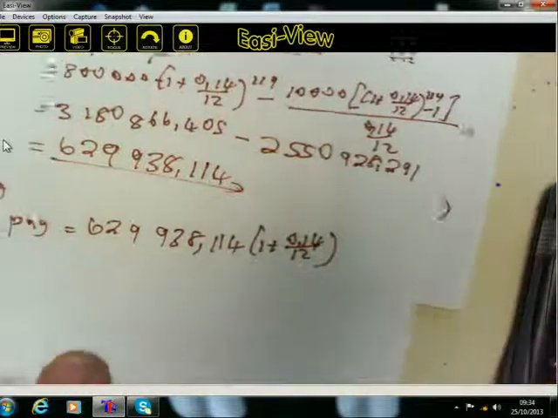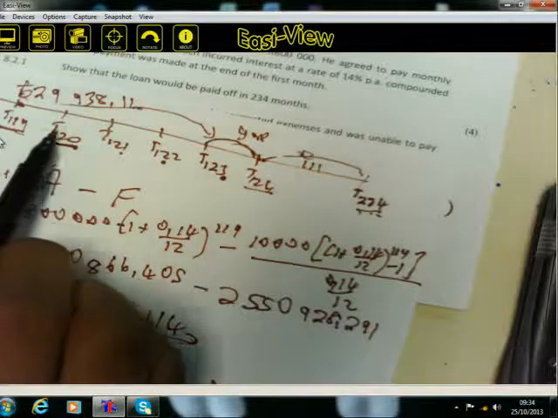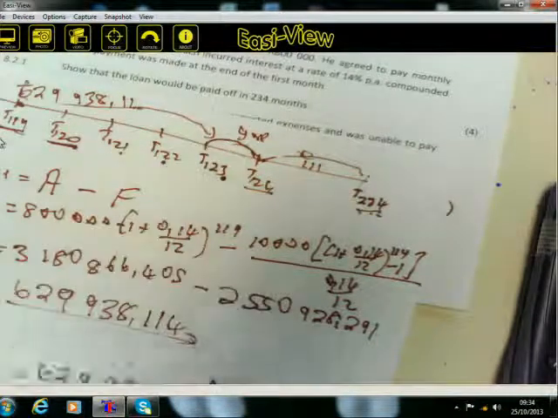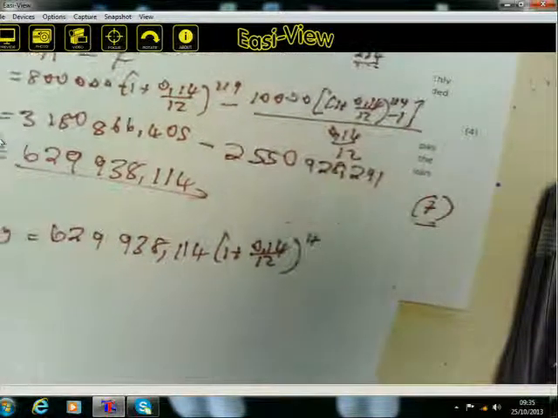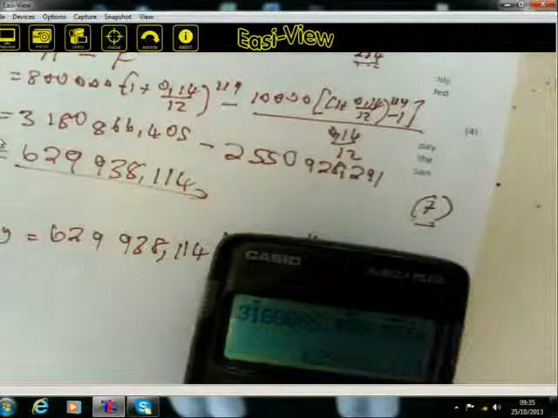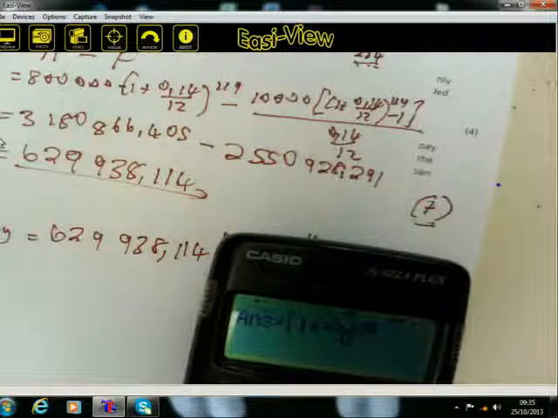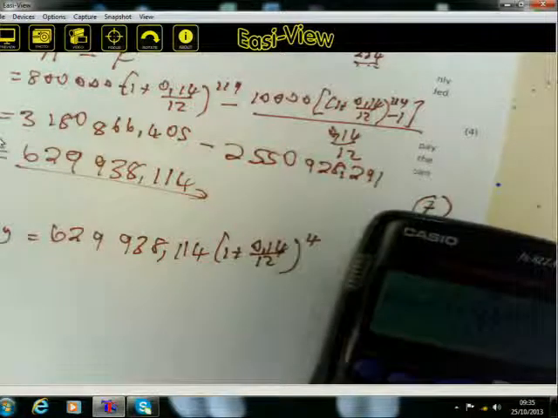What will be n? He didn't pay, that is 1, 2, 3, 4. It means 4 payments there. So when you work this out, time is 1 plus 0.14 divided by 12, to the exponent of 4.